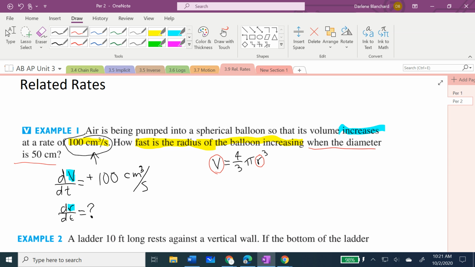You want to get that relationship, and then for a particular moment determine how fast something is changing. But don't put that moment stuff in until you have the derivative.